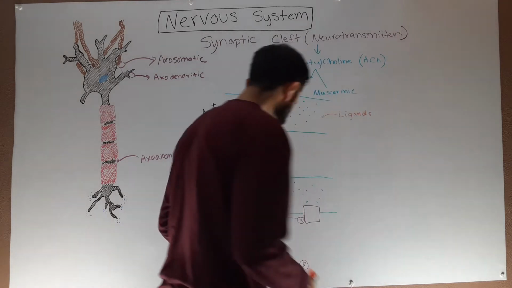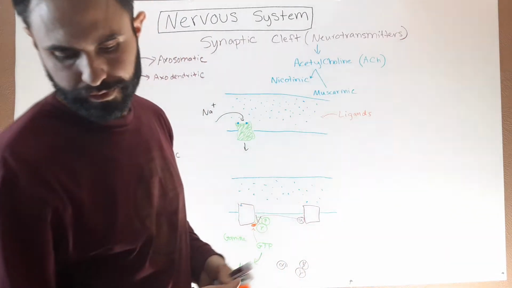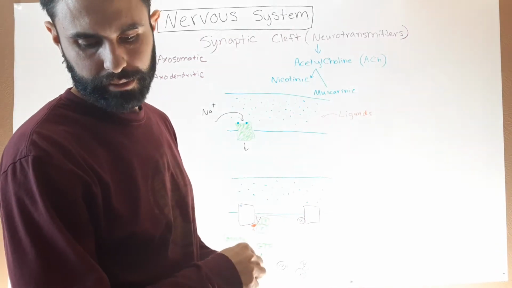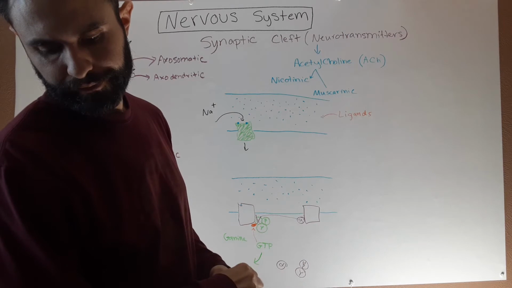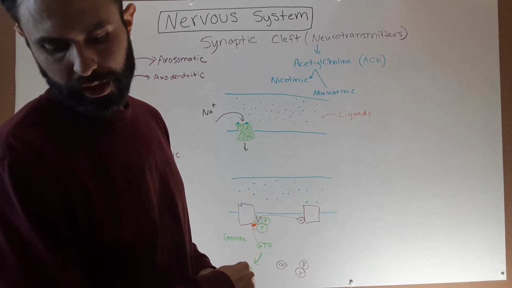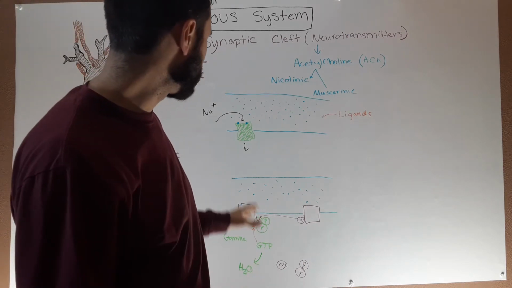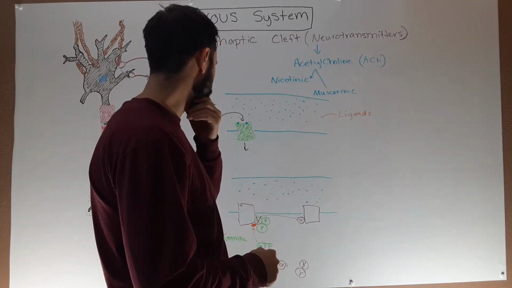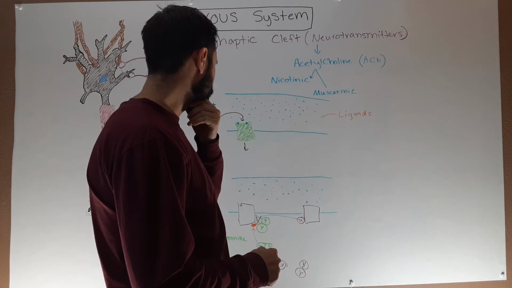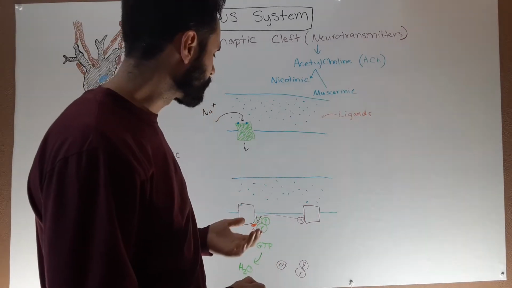I want to make sure that I got that good. Let me look at this really quick. Let's see. It should be noted there are five different classes of the muscarinic receptor, and they do different types of things based upon where they are.